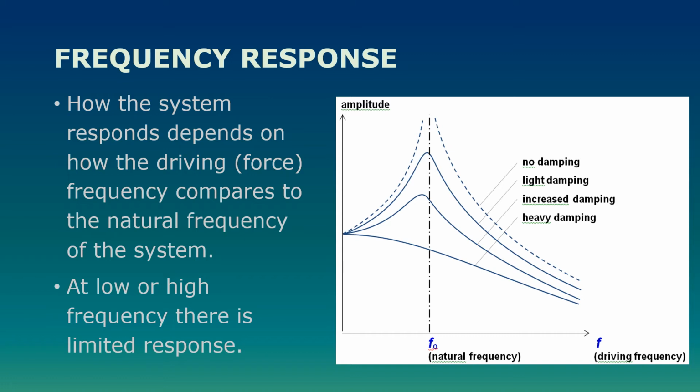Similarly, on the other side, if the frequency of the push is actually higher than the natural frequency, then in some cases you'll be pushing in the same direction as the motion, so you'll be increasing the amplitude, but there will also therefore be points where you'll be pushing against the motion, so that would take energy out of the system. So again, the frequency response or the amplitude is reduced at high frequencies, and the graph illustrates that.